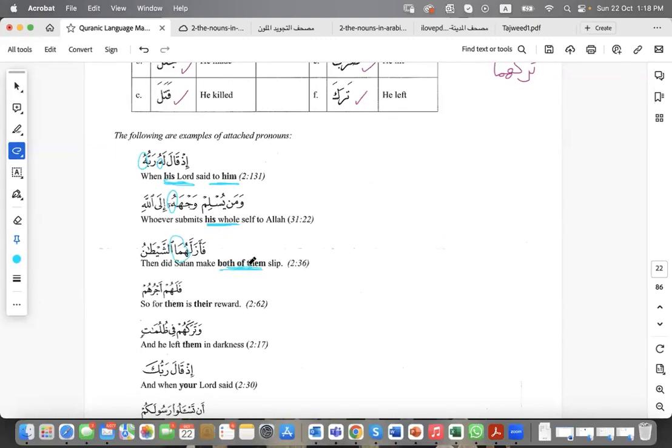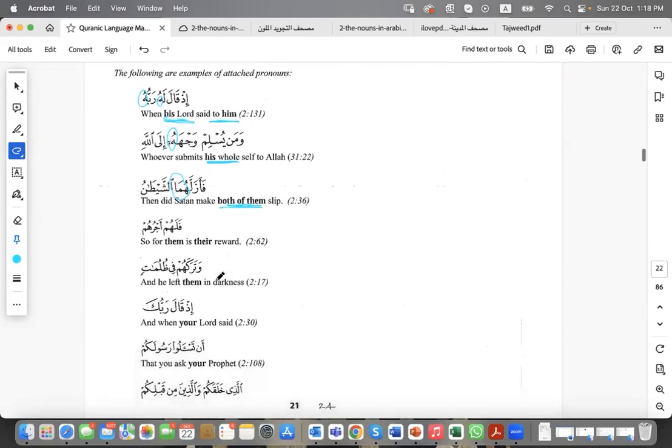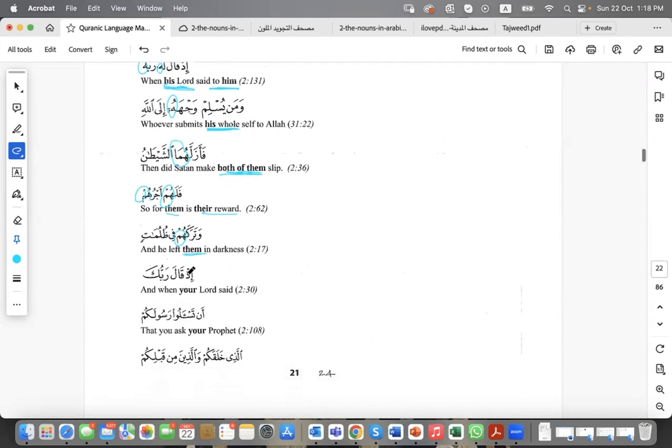Both of them. فلهم أجرهم. لهم, for them. أجرهم, their reward. وتركهم في ظلمات, and left them in darkness.